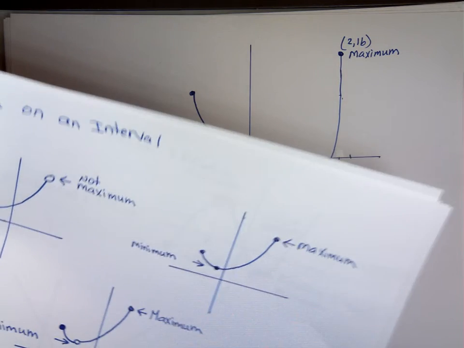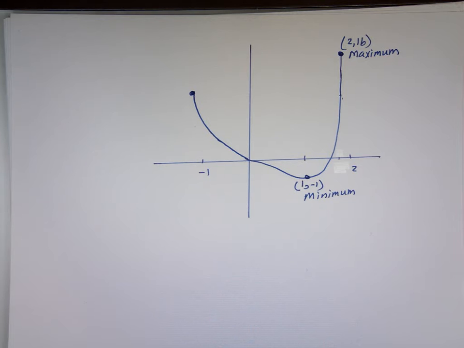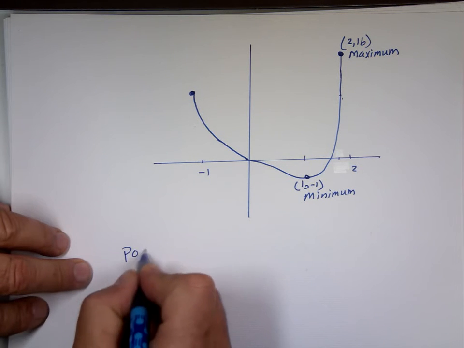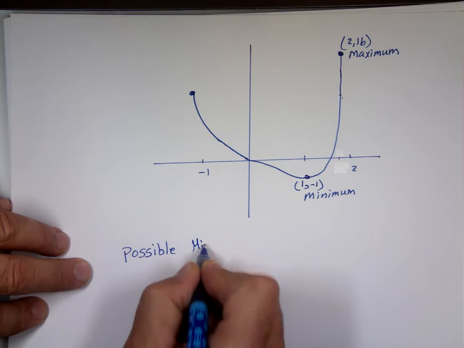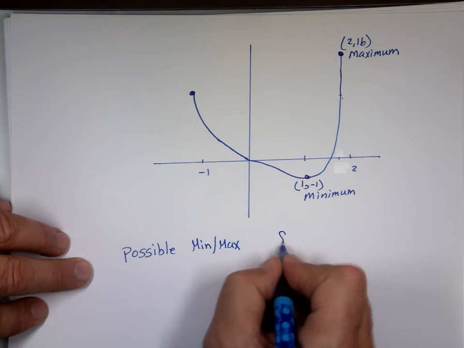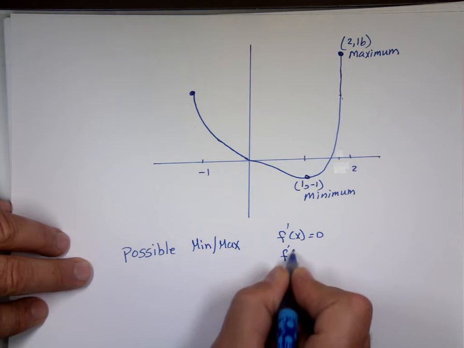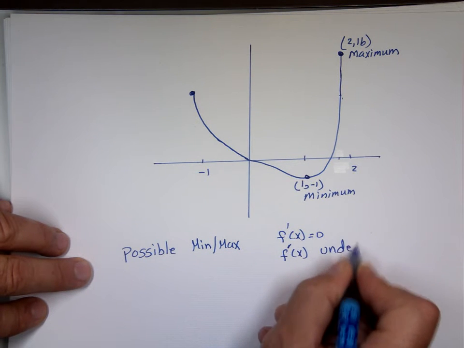So maybe I really should write that. So your possible min-max is where the derivative is 0, or where the derivative is undefined, or what?